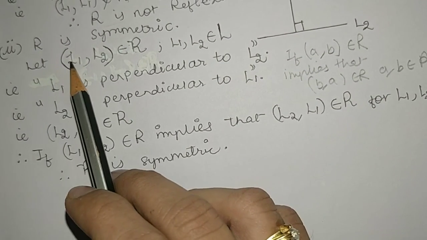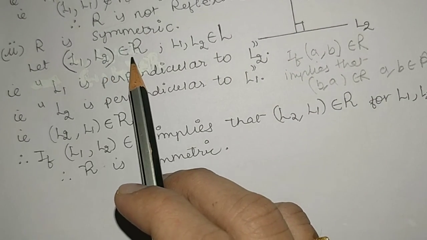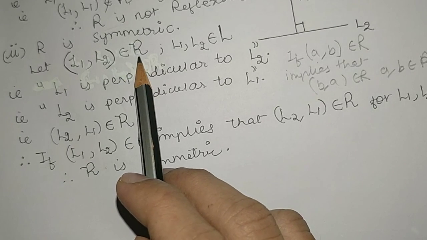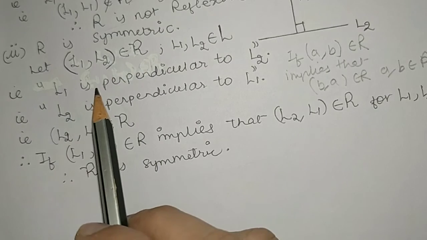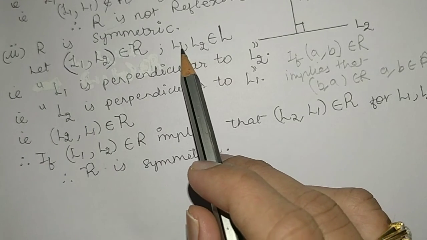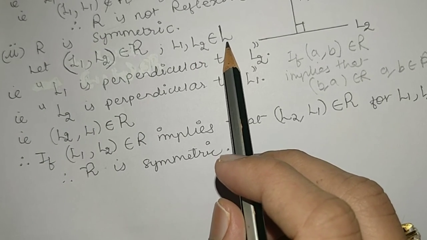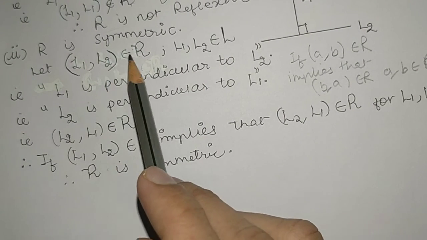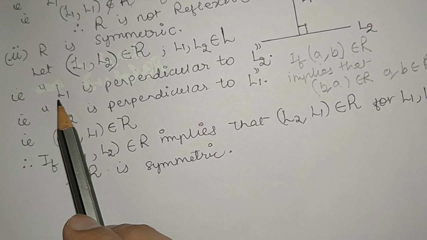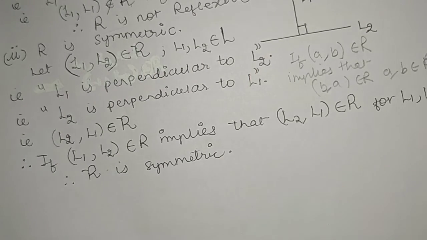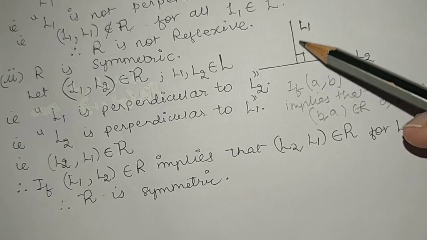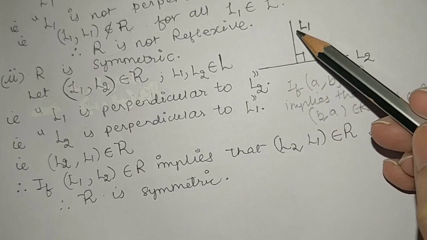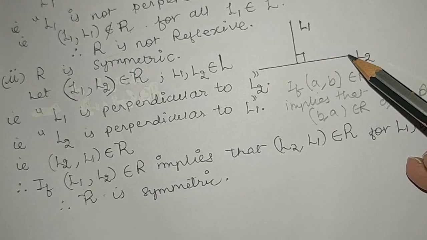So we have to take elements of the type L1 comma L2 belonging to the set R. So let L1 comma L2 belong to the set R for all L1 comma L2 belonging to the set L, that is the set of all lines in a plane. If L1 comma L2 belongs to R, that means L1 is perpendicular to L2, that is L1 makes an angle of 90 degrees with L2.